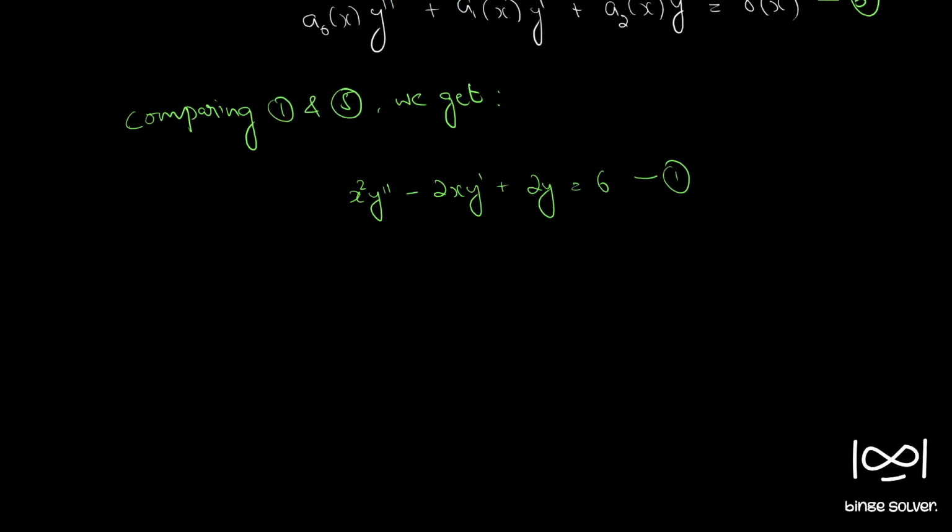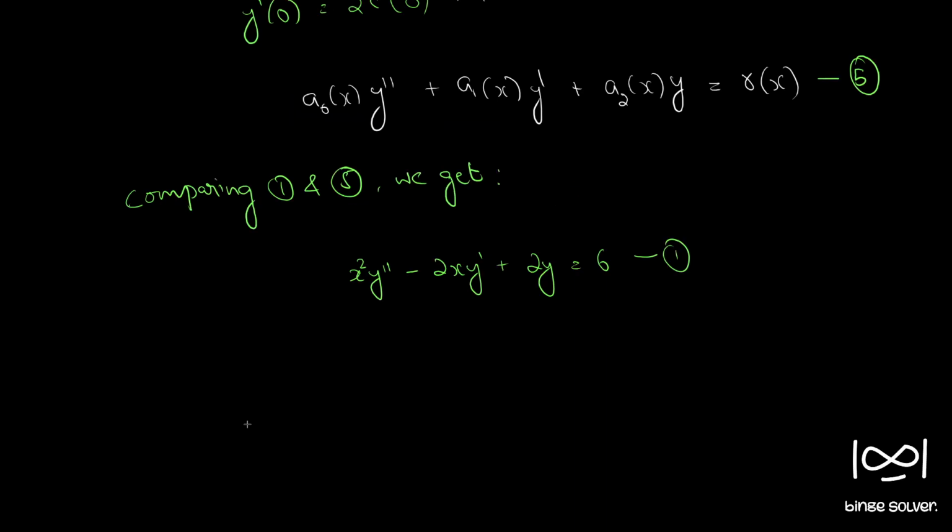So we can now easily compare: a0(x) equal to x², a1(x) equal to −2x, a2(x) equal to 2, and r(x) equal to 6. Now we got these coefficients.